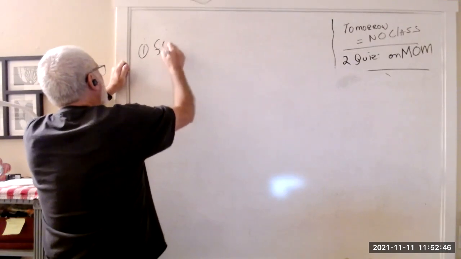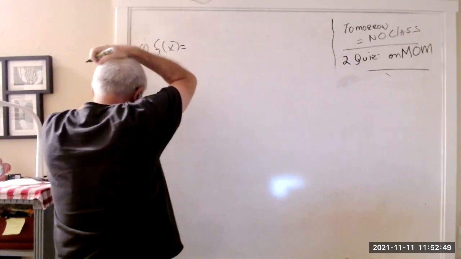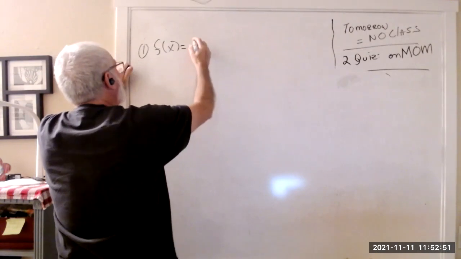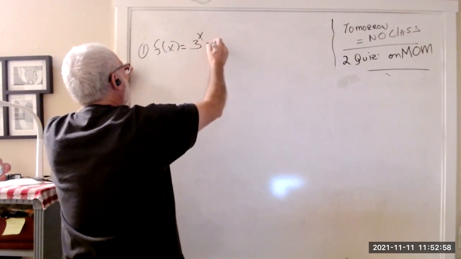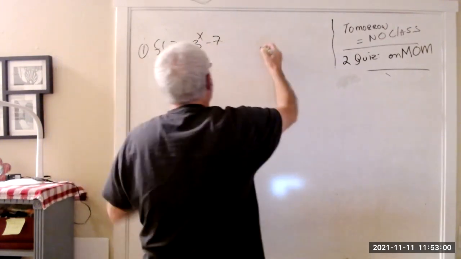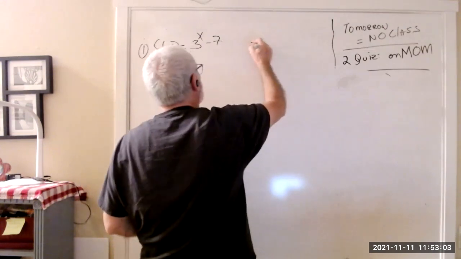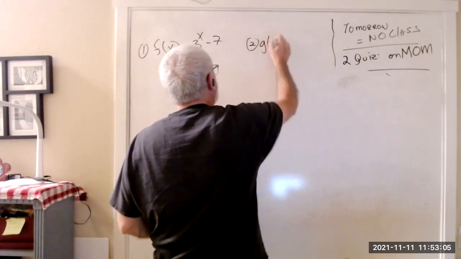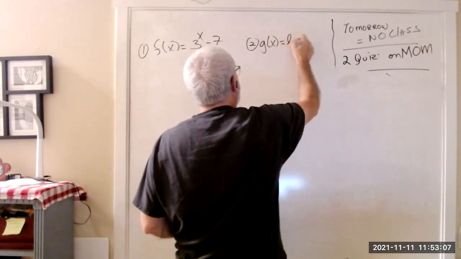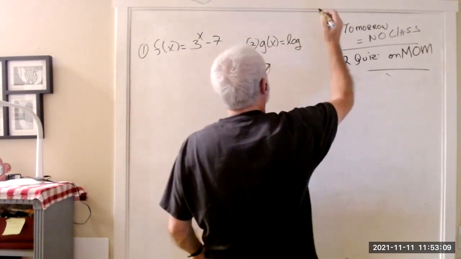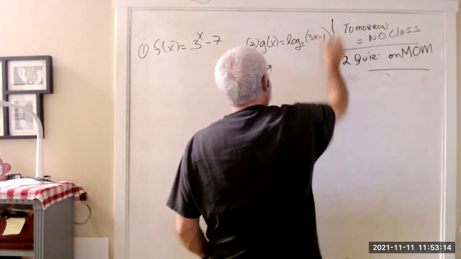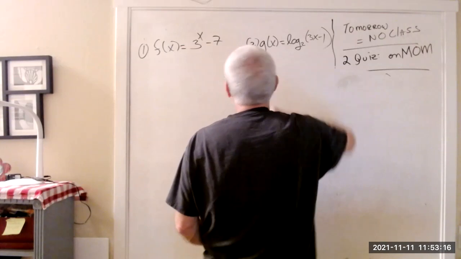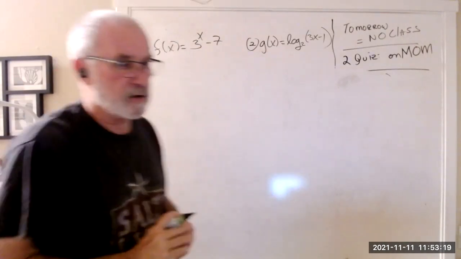Let's say we have f of x equals 3 to the x minus 7. And number 2, let's say we have g of x equals the log base 2 of 3x minus 1. For both of those, find the inverse.